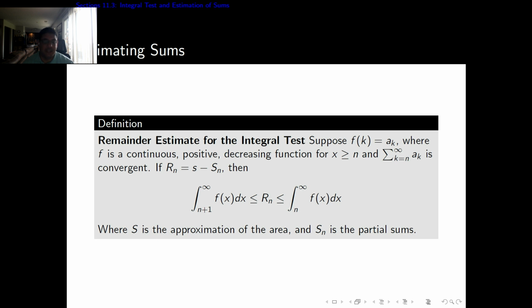Now, the remainder estimate for the integral test will be bounded between the n plus 1 term and the n term for the integral test.